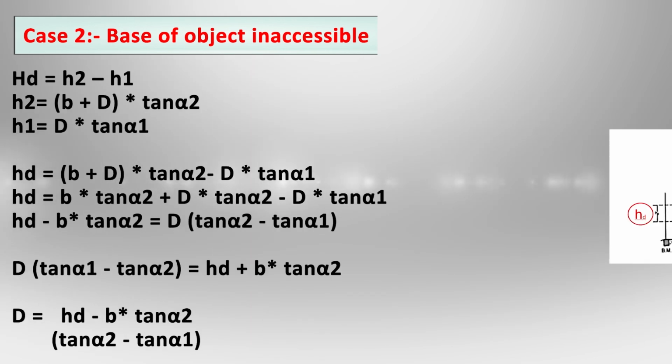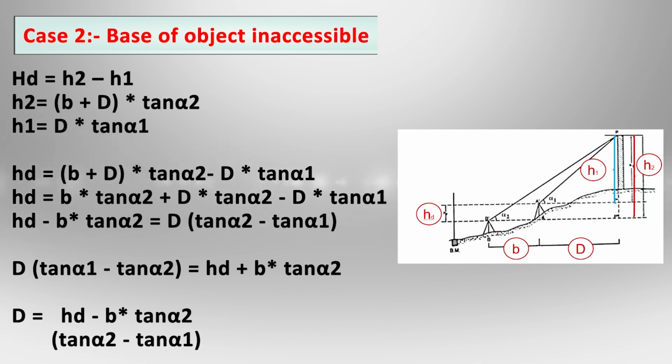Now we know that HD is equal to H2 minus H1. We have the two values H2 and H1. We will substitute in this equation, rearrange it, take D common and divide the values. We get D is equal to (HD minus B tan alpha 2) divided by (tan of alpha 2 minus tan of alpha 1).